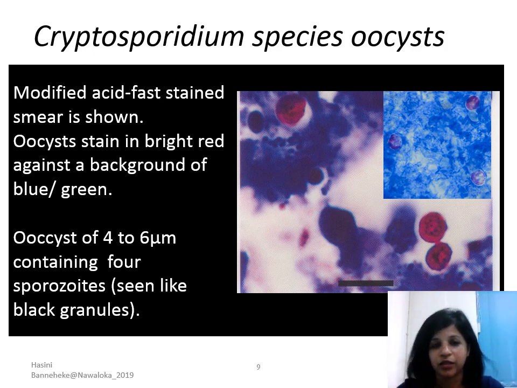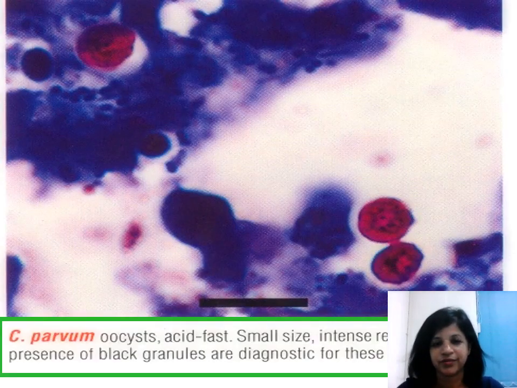Generally, if you put a measurement tool onto the microscope, you can see that it's about 4 to 6 micrometers in size. So this is the same thing shown again with a description of how you recognize them when the oocysts are stained with modified Ziehl-Neelsen stain.